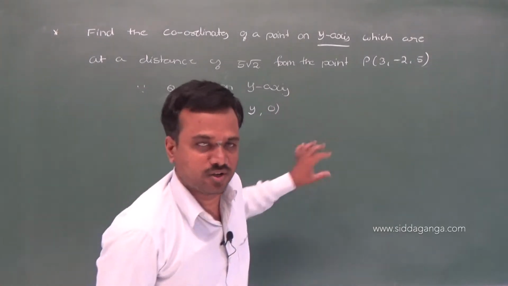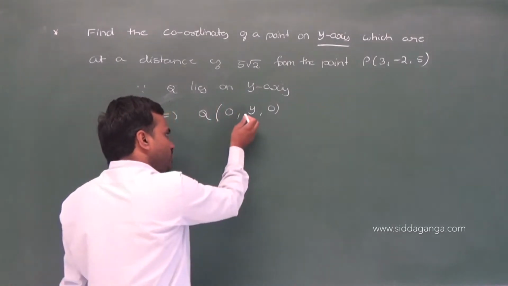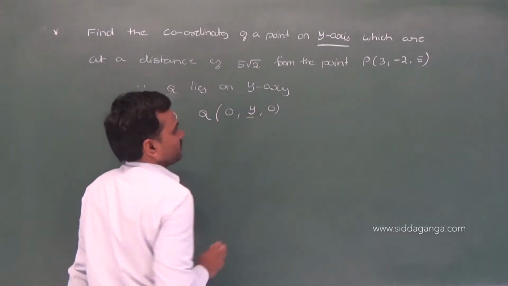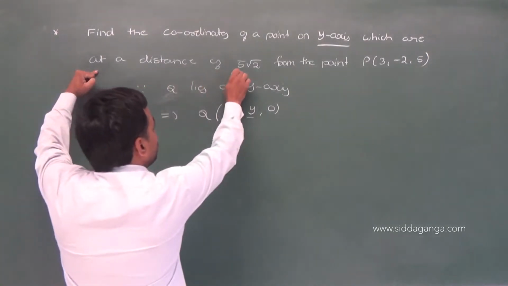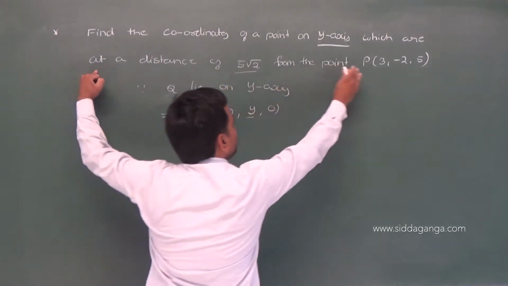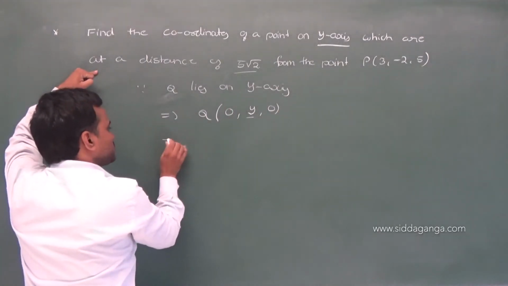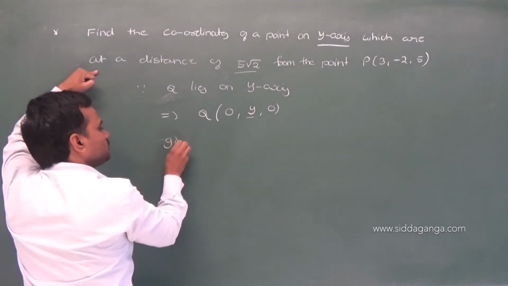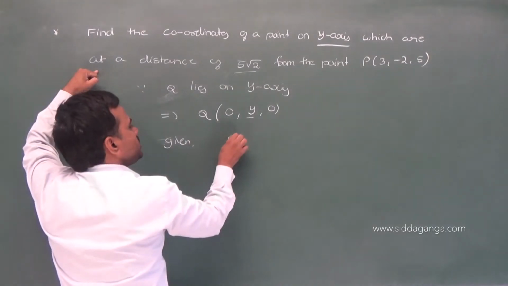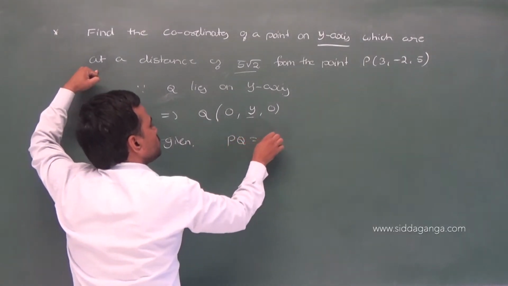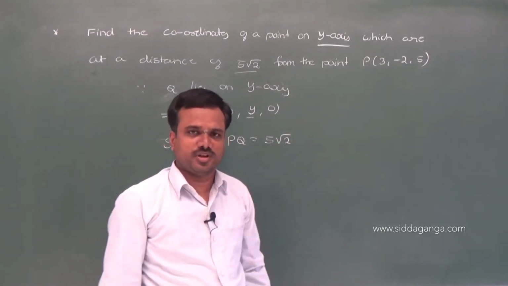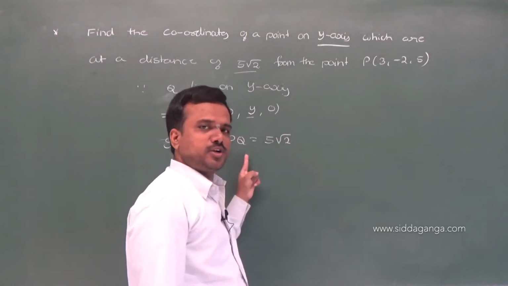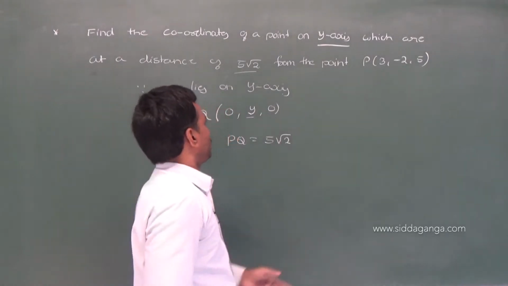This is the point Q. What we do here, we have to find out the value of y. For that, observe next, it is at a distance of 5 root 2 from the point P, that means given PQ is equal to 5 root 2. Distance from P to Q is 5 root 2.